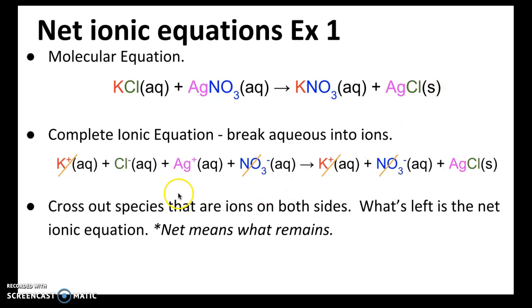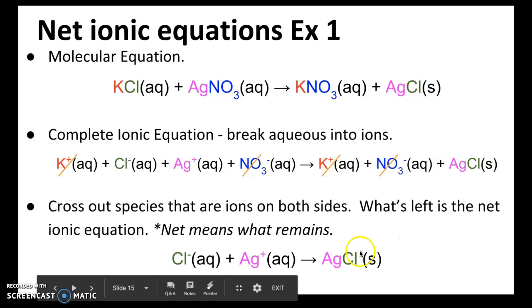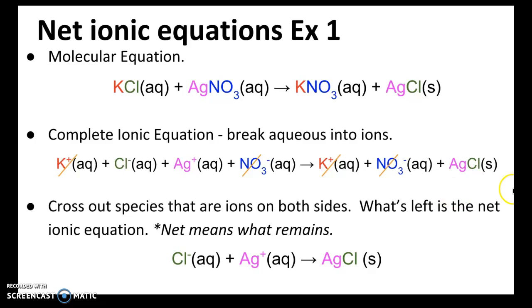Okay, so now, once we've done that, what's left is what's called a net ionic equation. What we have left is chloride ion, silver ion, and then silver chloride solid on the product side. And so this is our net ionic equation, whatever we did not cancel out. You probably can see the pattern that when you do a net ionic equation, whatever is written as a solid on the product side, or is something that's not aqueous on the product side, you're going to write as ions on the reactant side.